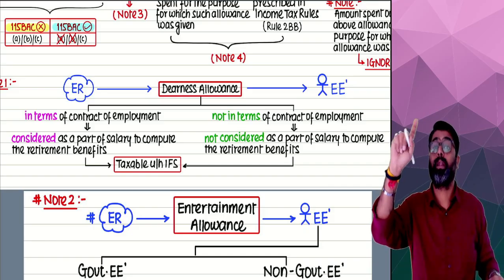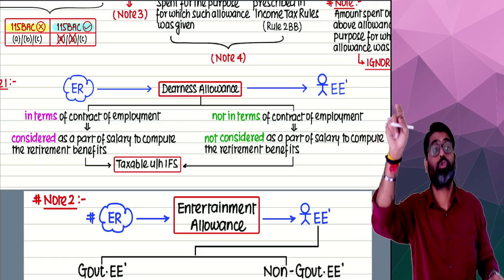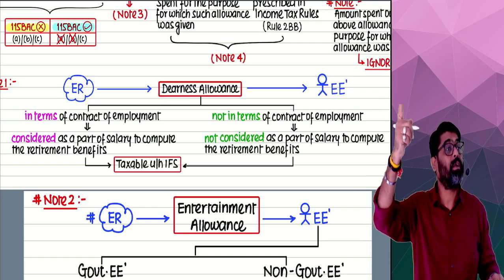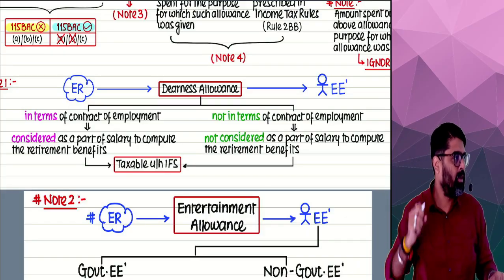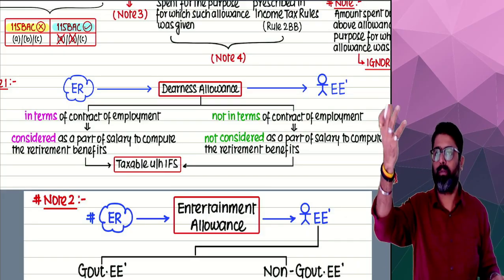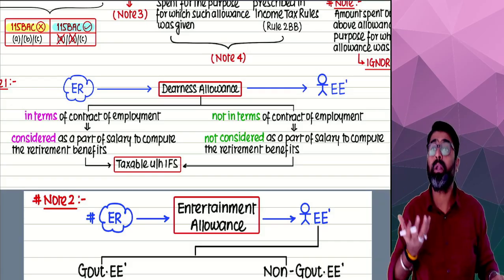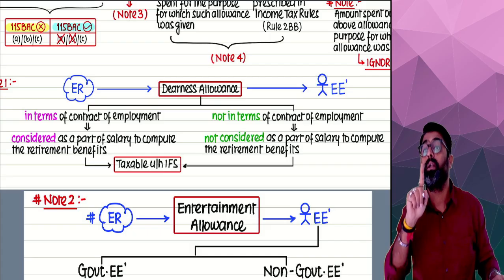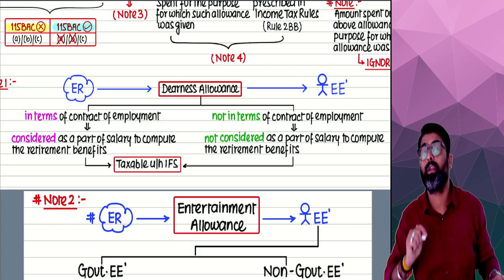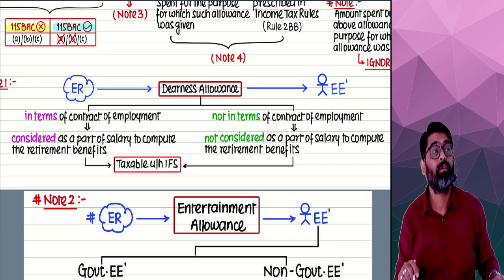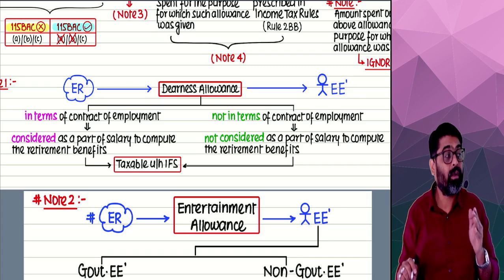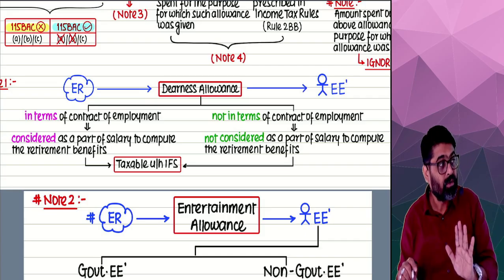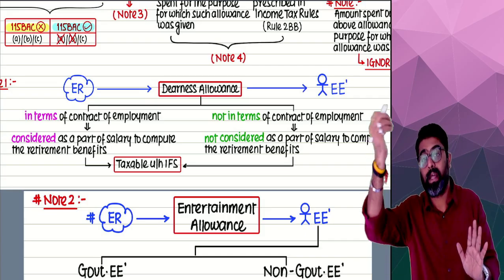To calculate how much retirement benefit should be given, your salary will be used. The retirement benefit will be calculated based on your contractual salary. That is the salary which is written in your contract, and it will be used to calculate your retirement benefits.